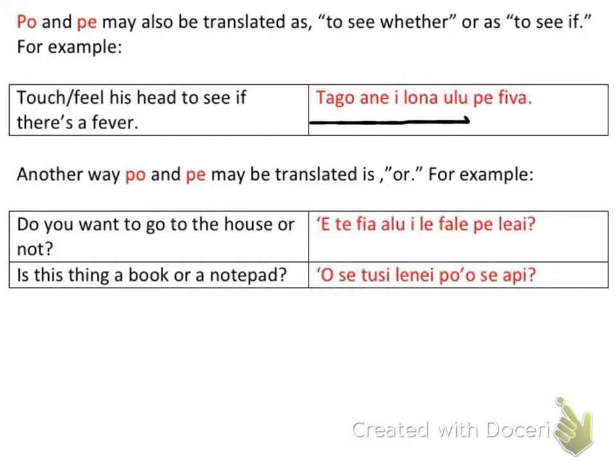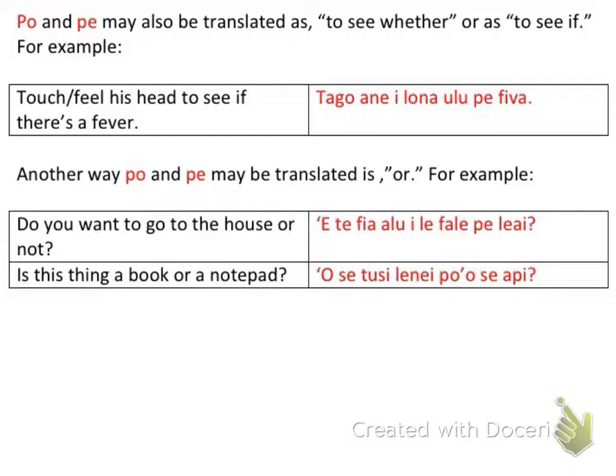And so I say pe is to see if a fever exists, okay? And that's all I have to say. It might look a little funny to you, but that's the way that they say it. I'm just saying I have an indirect question that follows this pe, and that pe can often be translated to see whether or to see if, and this is one of those examples.